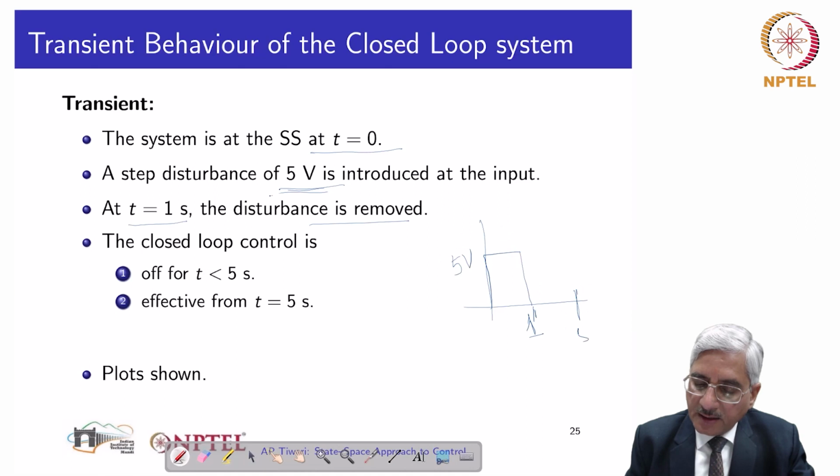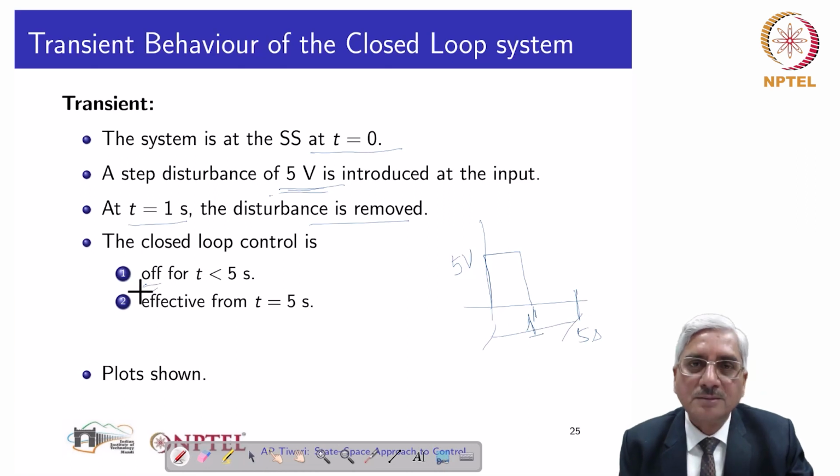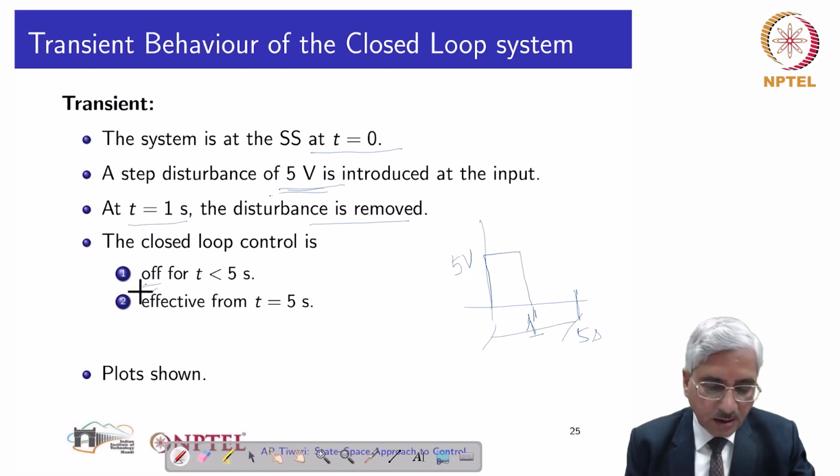Up to 5 seconds we have the controller off; we have assumed that the closed loop controller becomes active only at 5 seconds. So the system is under the influence of disturbance as an autonomous system for 5 seconds.